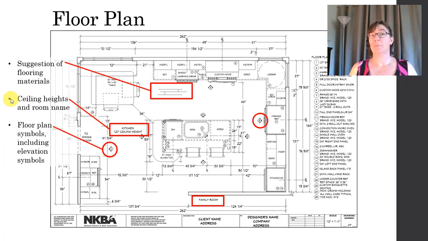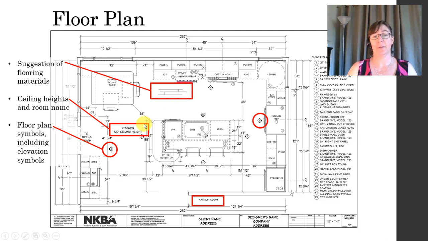An NKBA floor plan will show a suggestion of flooring materials. Now, you don't have to cover the entire floor with the pattern, but you do need to show it somewhere. And here's an example right here showing the direction of the flooring. It will show ceiling height and room name.